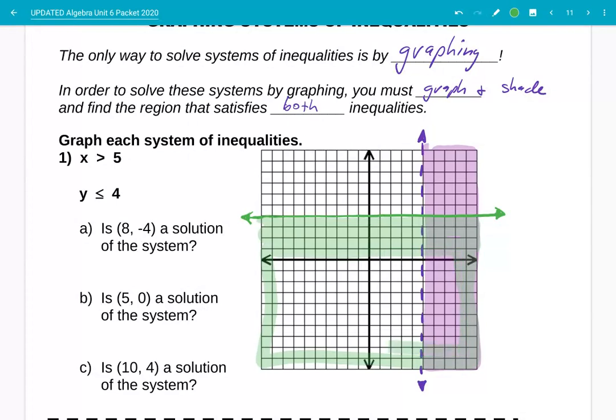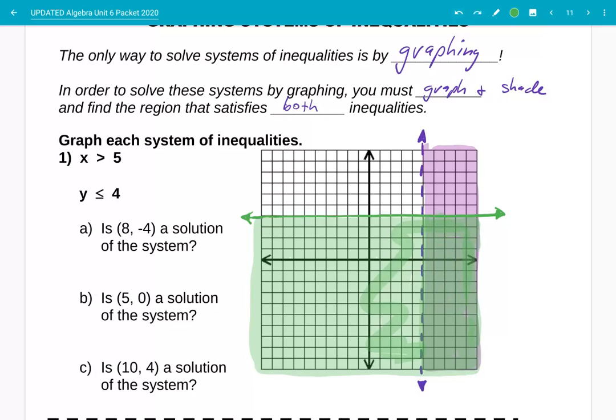The solution set is just like in the system of two linear equations where you have two lines and the point where they intersect is your solution. Now you have a bunch of solutions, and they're all in this area here, which I will make darker.